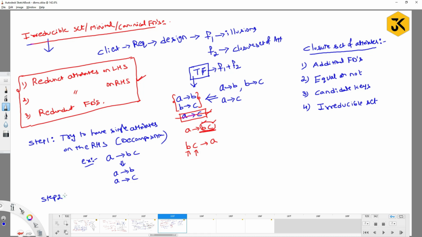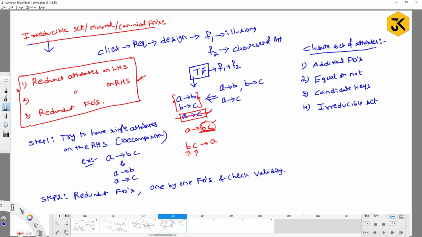Once you have done this for all functional dependencies, in step 2 you have to identify redundant functional dependencies. How are we going to identify the redundant functional dependencies? Try to take out functional dependencies one by one and check their validity.